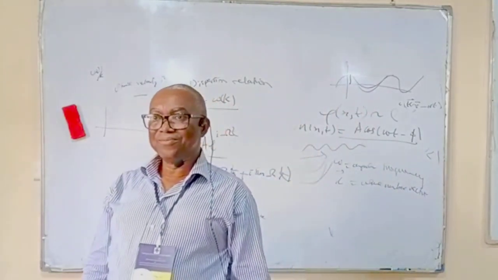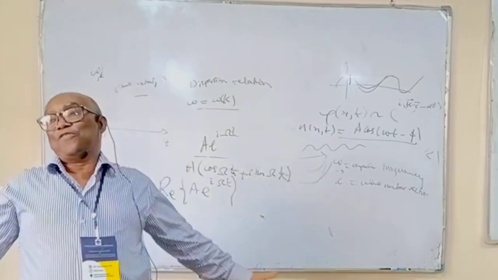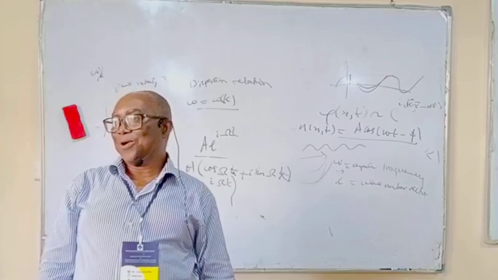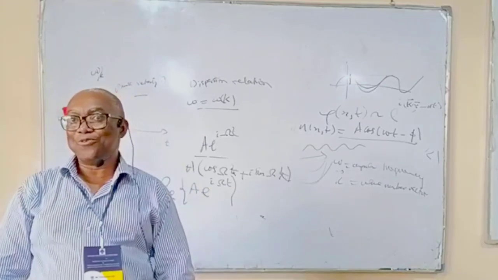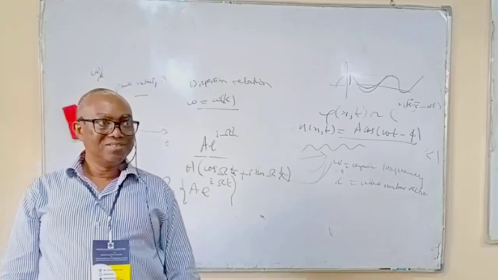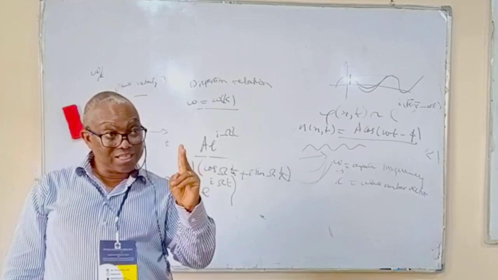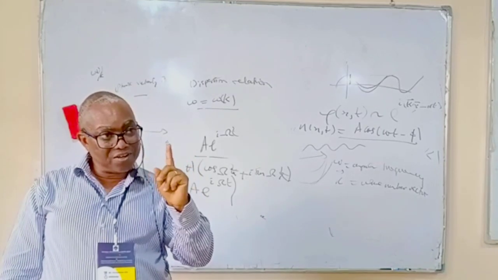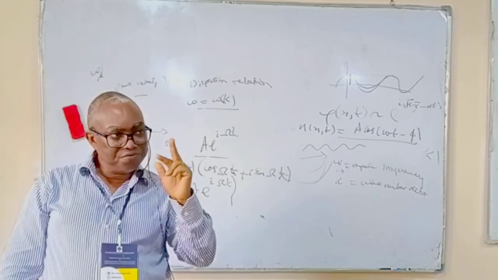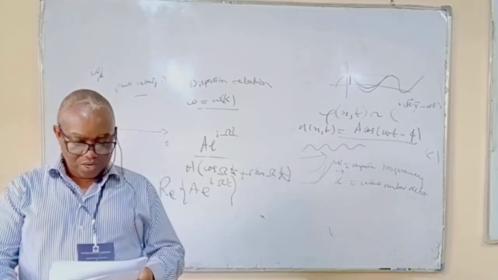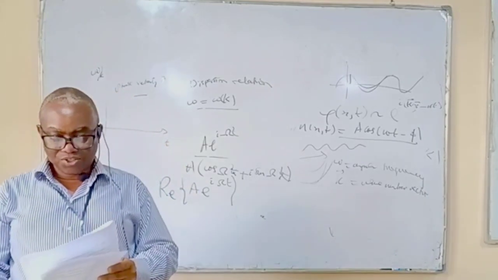So you see, you have solved the mathematics. We now want to see what the physical interpretation is. So these two things are very key: phase velocity, group velocity. And we'll try to see that.